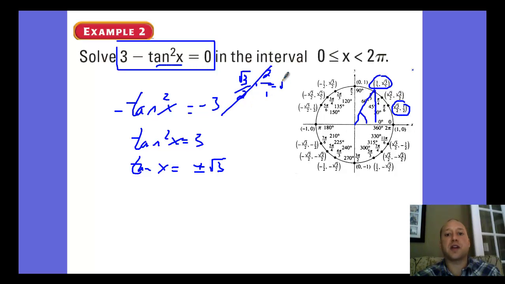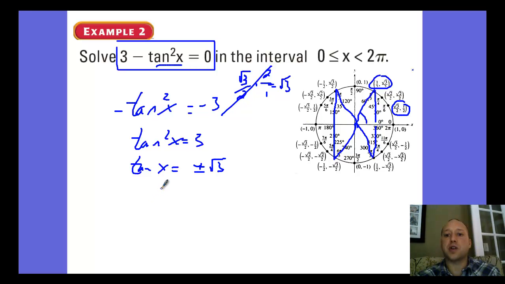So those reduce out, so I get root 3. So this point here does give me the tangent of root 3. But that's a positive, which also occurs down here. But then we also have the negatives in the second quadrant and the fourth quadrant, which are also possible solutions.